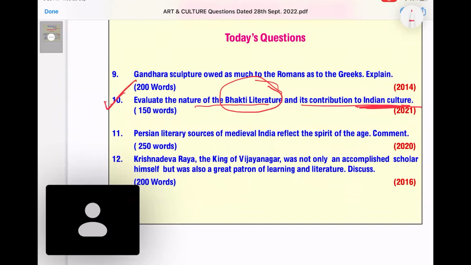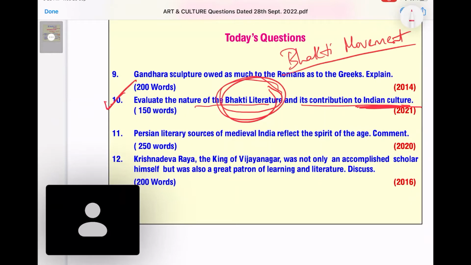It is exclusively talking about Bhakti literature and not Bhakti movement. Of course, Bhakti literature is part of Bhakti movement, no doubt about it. But don't discuss too much about Bhakti movement. Within Bhakti movement, you should focus on Bhakti literature and its contribution to Indian culture.